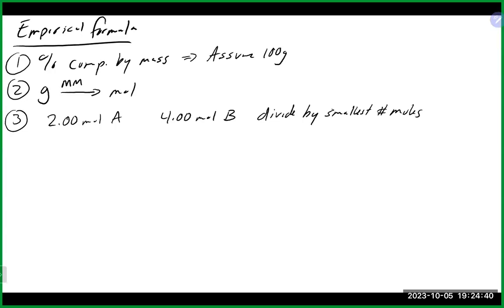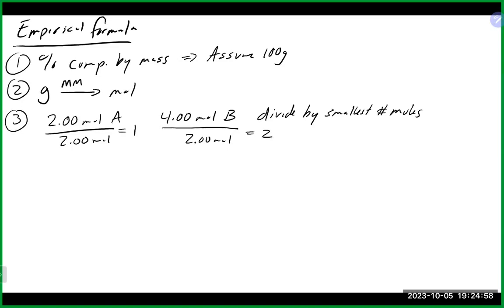So in my example here, 2 is the smallest number of moles that we got. So we would divide both of these by 2 moles. And that would give us 1 for our A. And in this case, it will give us 2 for our B.